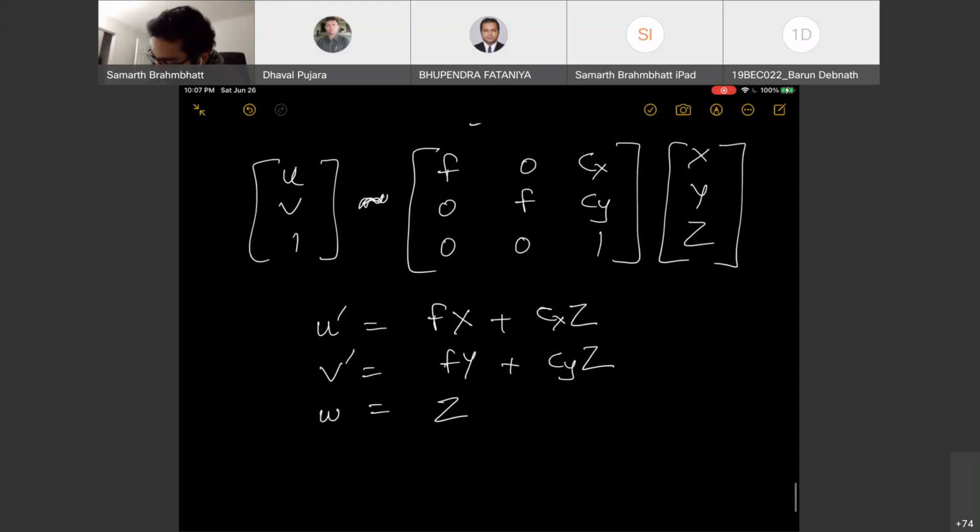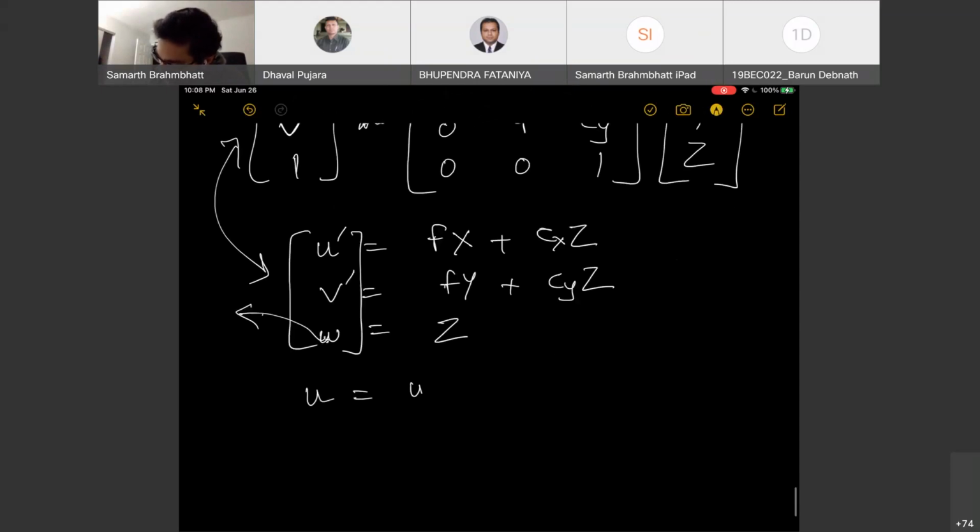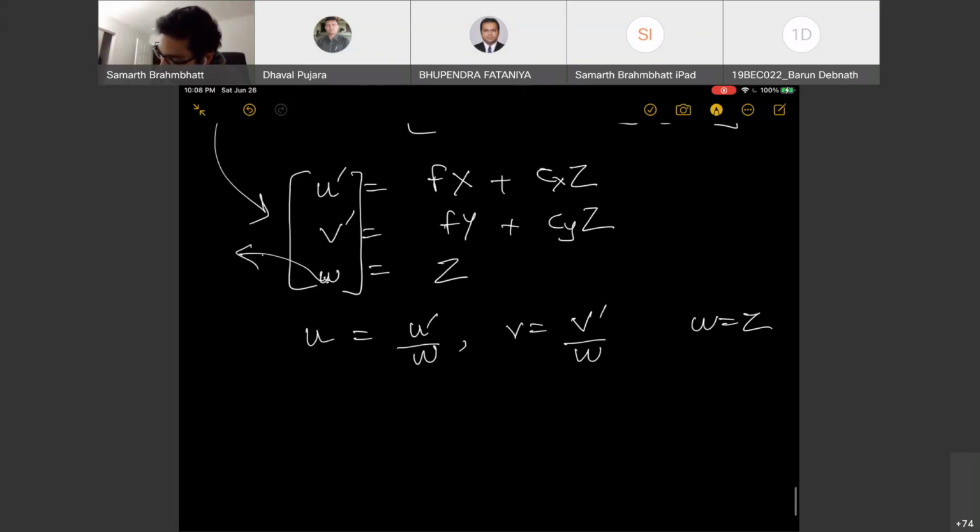So now from this vector, since both of these are homogeneously equivalent, we can take this w out, right? So we will get u v 1. So u equals u dash divided by w, v equals v dash divided by w, and our w is actually z.